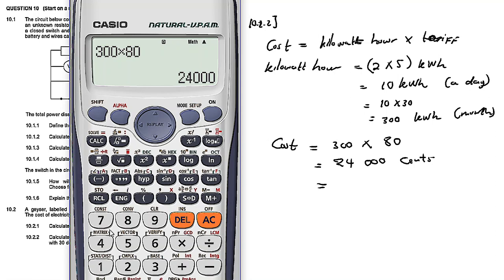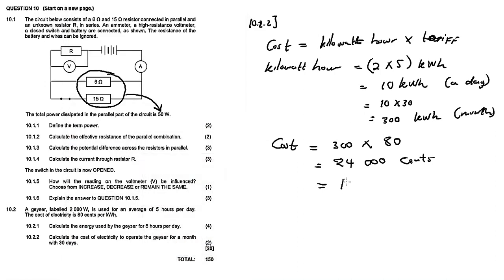We know 100 cents. So you divide by 100 la. The answer ophuma is in rands. So it's 240 rand. So to operate this geyser for a month of 30 days, it means that we pay 240 rand.